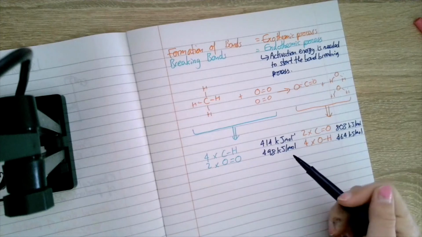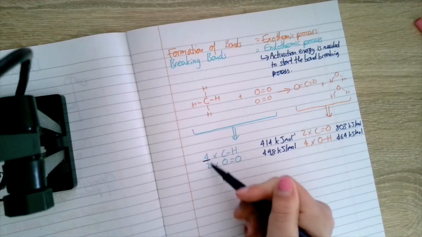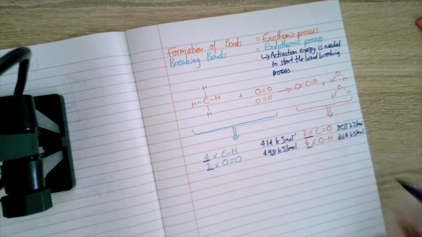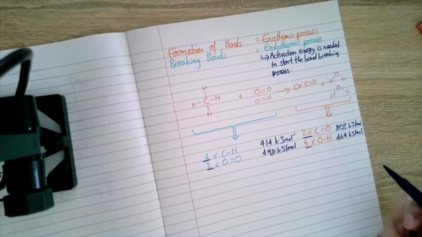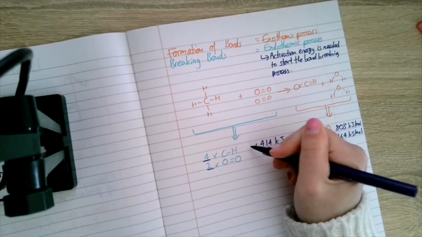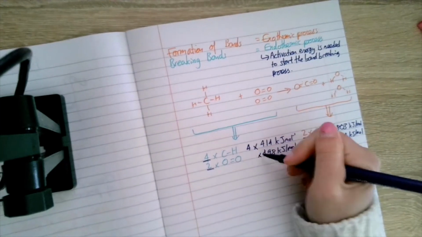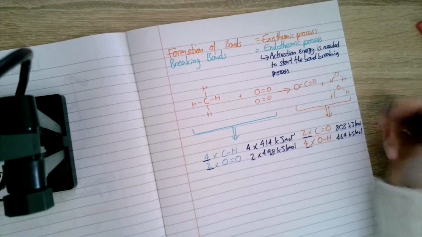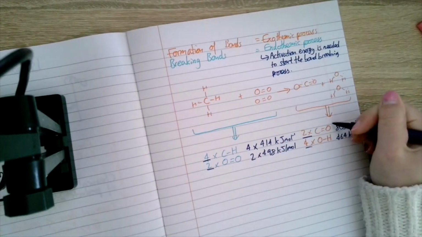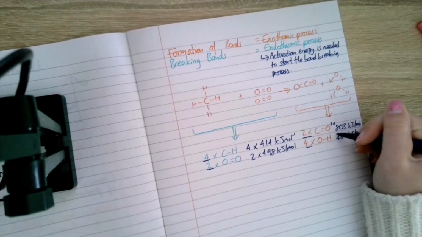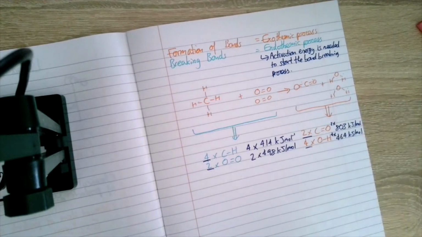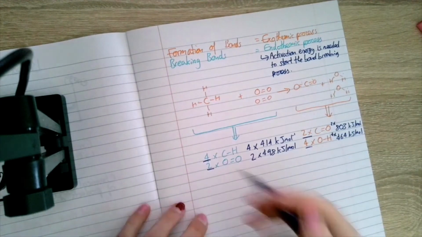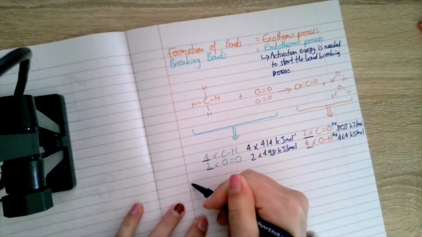But as we have multiples of these bonds, we need to be timesing them by the number of each bond that we have. So timesing our CH by 4, our OO by 2, our CO by 2, and our OH by 4.